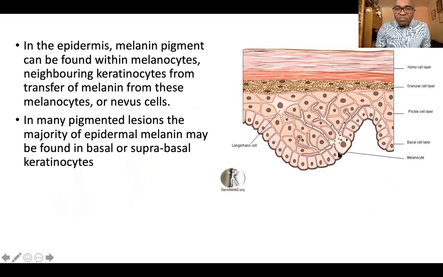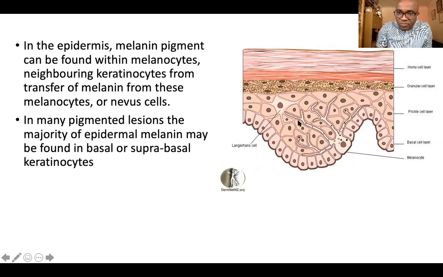However, the melanosomes, which are the pigment carriers of melanin, are much more numerous in darker skin types. So skin types 4, 5, 6 will have more melanosomes, but the same amount of melanocytes and surrounding keratinocytes in the skin. These are the melanocytes, and these are the melanosomes.